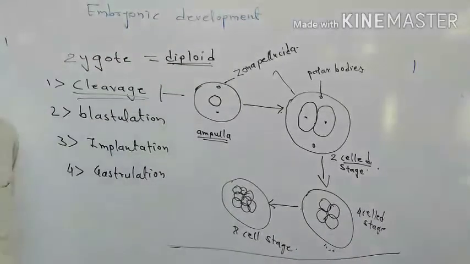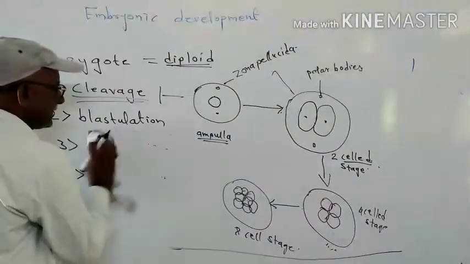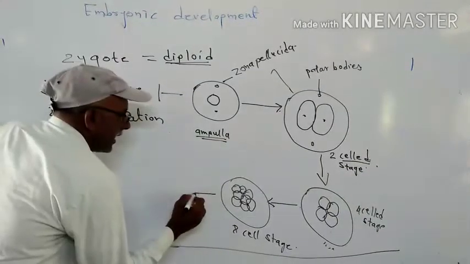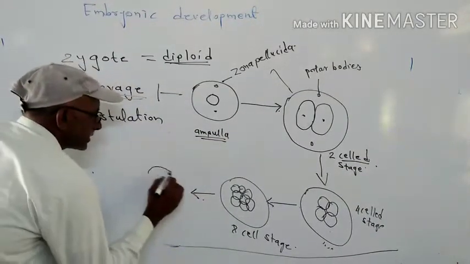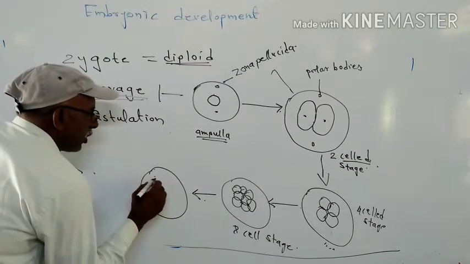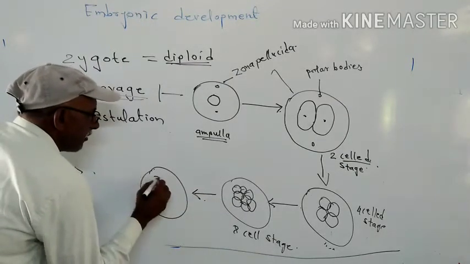Then from this, again there is a repeated division, and from this 8-cell stage we can see near about 16 cells are formed.